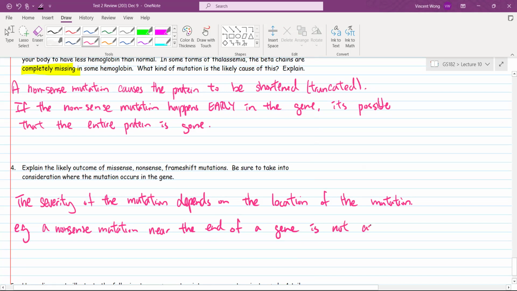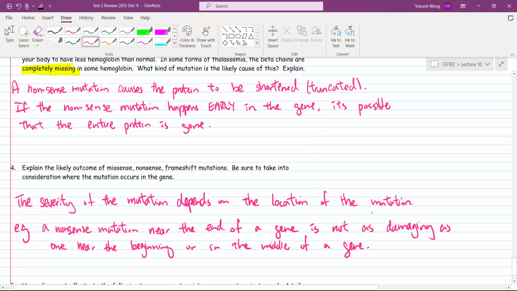is not as damaging as one near the beginning or in the middle of a gene.